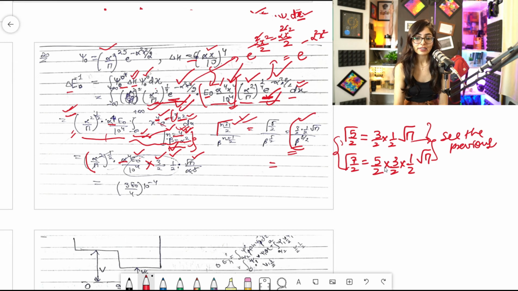If I write it again, it will become 3 by 2, 1 by 2, root pi by, beta was alpha square, right? So if I replace alpha square, it will become squared, and 5 by 2 was already there, so the 2 will get cancelled out and it will become alpha raised to power 5. Clear? That's why I have written alpha raised to power 5.